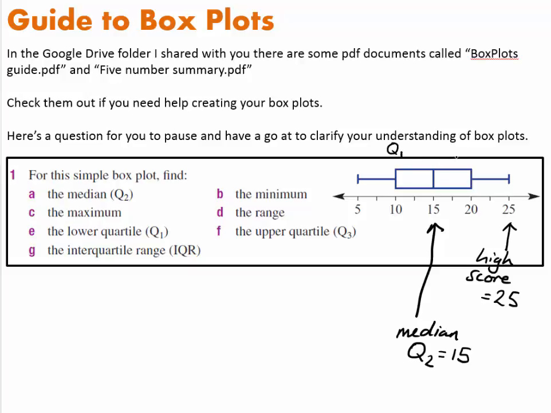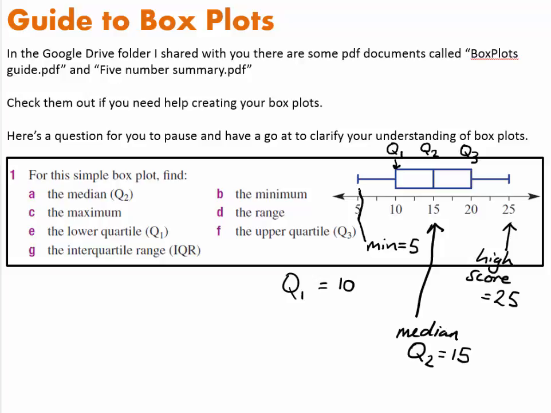We've got Q1 there, Q2 here, sorry about that black line, and Q3 there. Q1 is going to be at 10, so Q1 equals 10. I'm just reading off the scale there. The minimum score is this one here, so here's our min, and that looks like it's equal to 5.